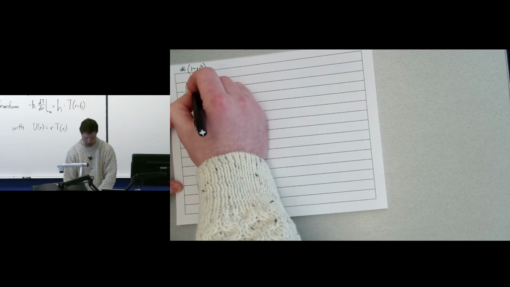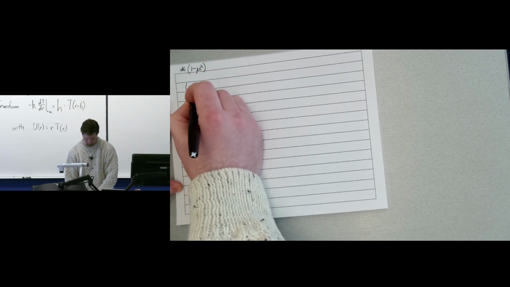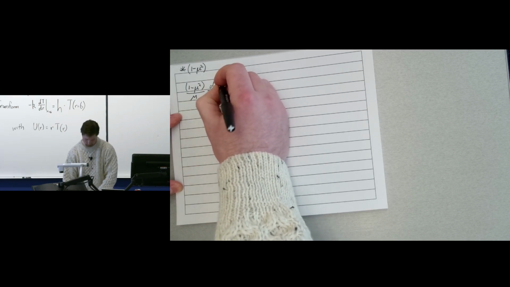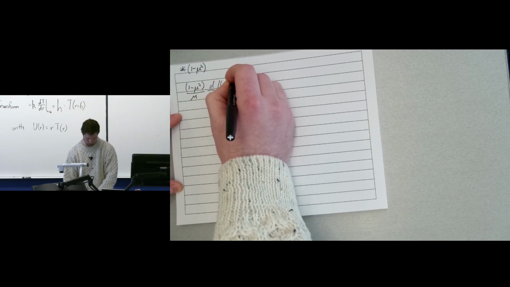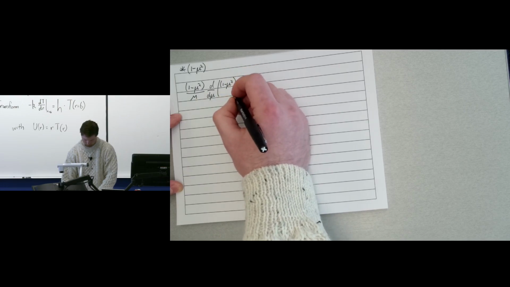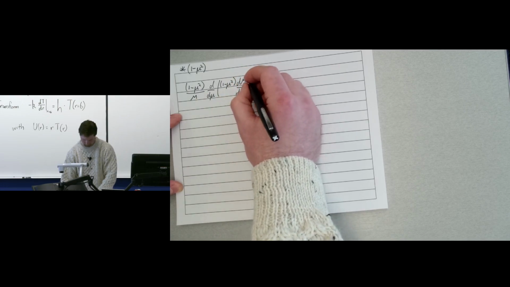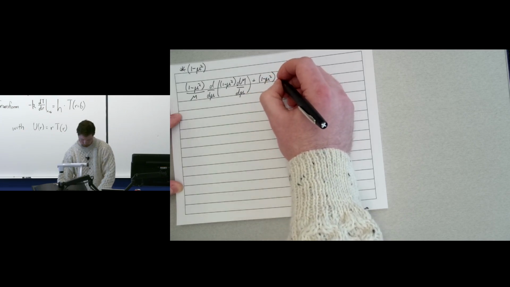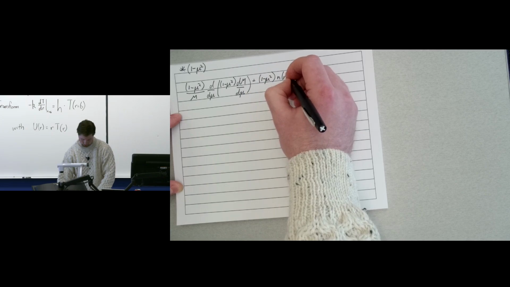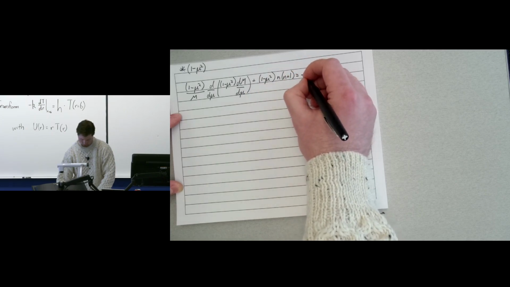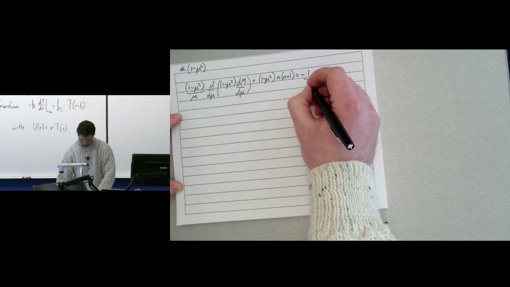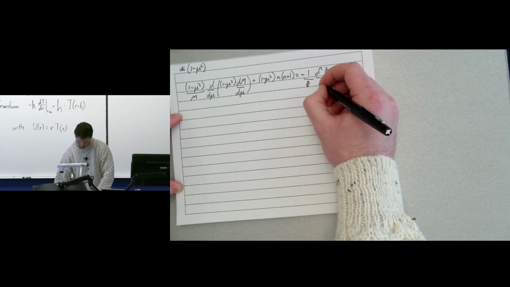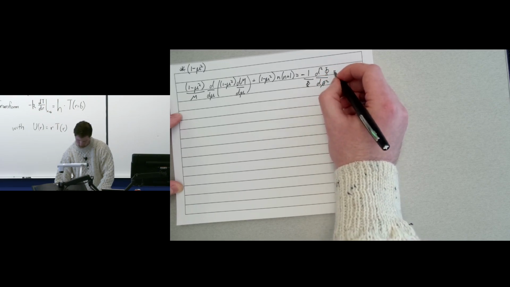We'll have 1 minus mu squared over M, d d mu of 1 minus mu squared dM d mu, plus 1 minus mu squared times our newest separation constant, n times n plus 1, is equal to negative 1 over capital Phi, the second derivative of capital Phi, which is equal to another separation constant.